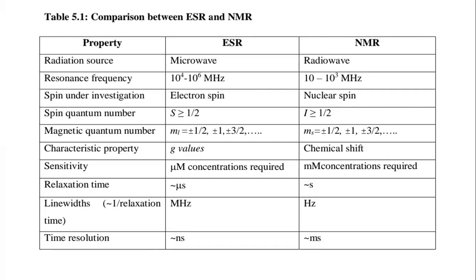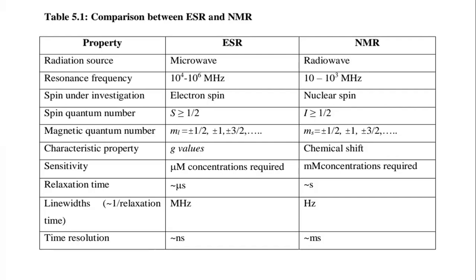For sensitivity, the sample requirement in ESR is micromolar concentration, whereas in NMR millimolar concentration is required. The relaxation time in ESR, that is, the time to come from the excited state back to the ground state, is in microseconds, and in NMR it is about a second, so it is quite higher.